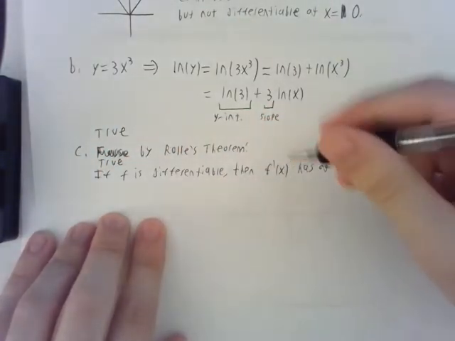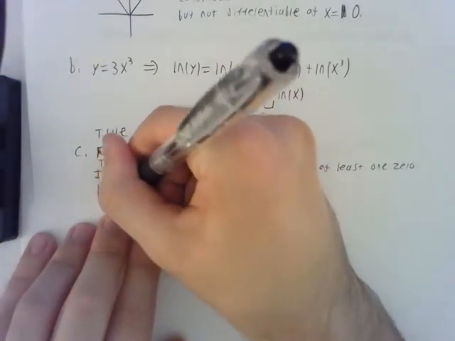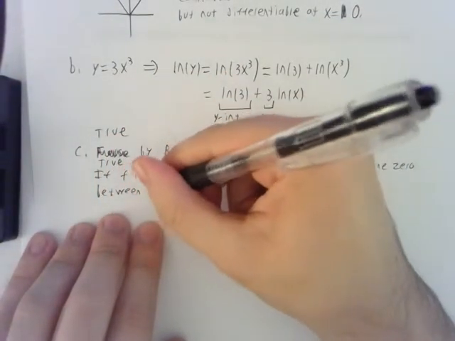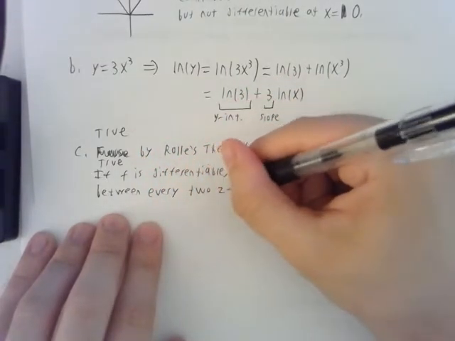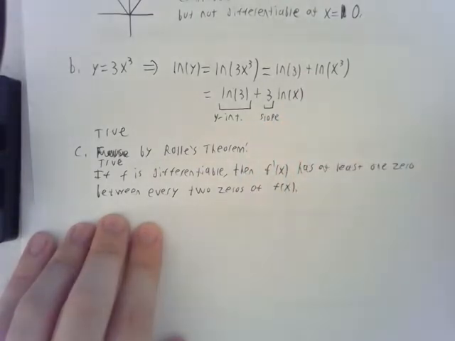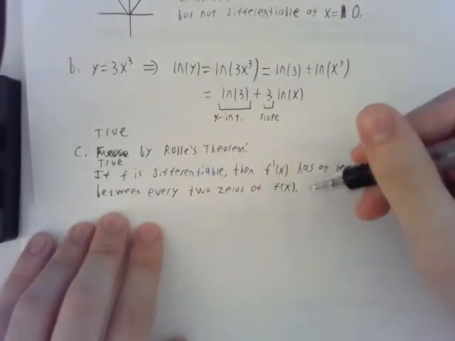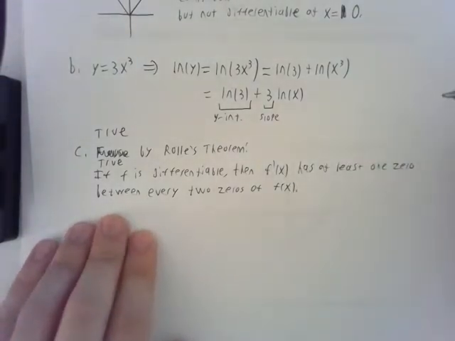So if f is differentiable, then f prime of x has at least 1 zero between every 2 zeros of f of x. So given 2 zeros of the original function, f prime must have at least 1 zero in between them.